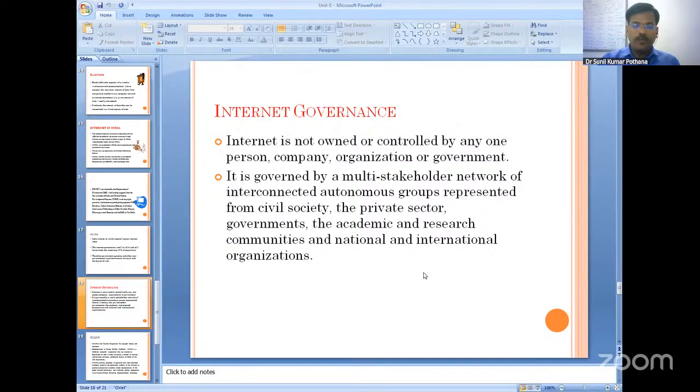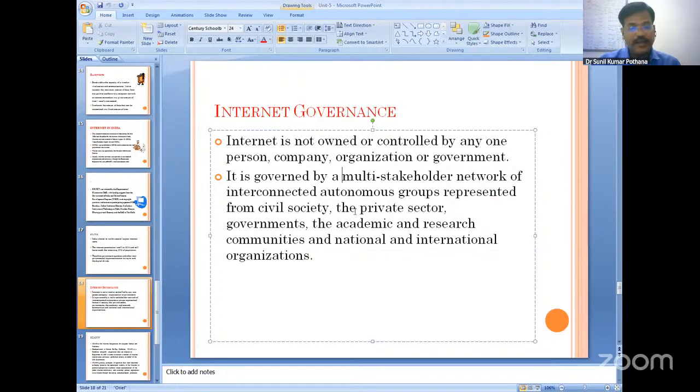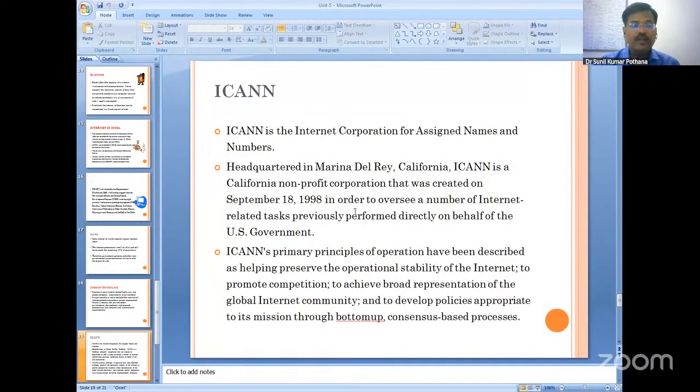It is governed by a multi-stakeholder network of interconnected autonomous groups represented from civil society, the private sector, government, the academic and research communities, and national and international organizations. So all these govern and control the internet. There are many organizations; we will discuss them one by one.